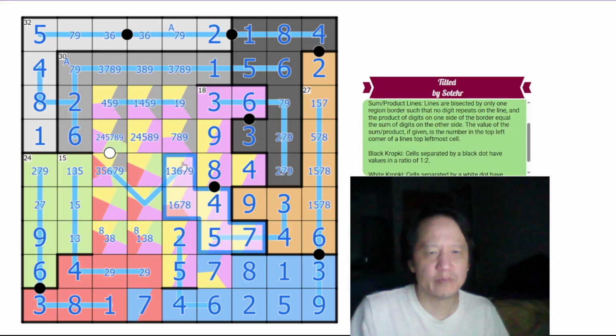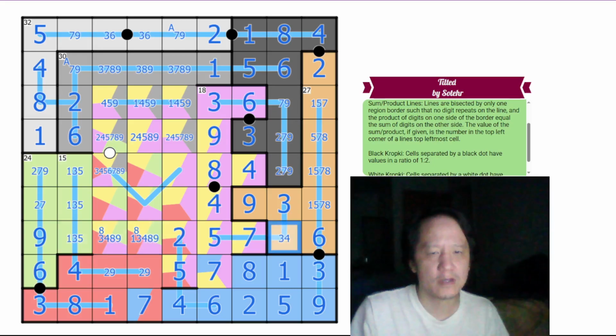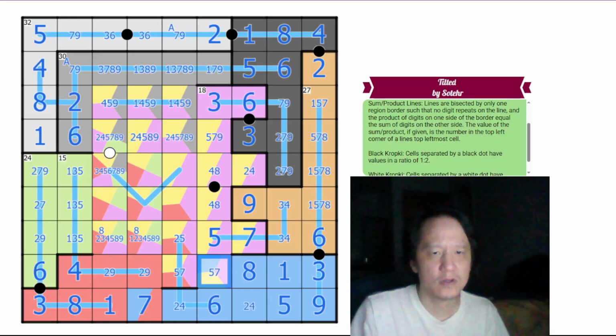The problem, though, is that's 3 regions, which we don't have enough regions there. It's just yellow and pink. So that's going to be a contradiction. So this cannot be a 5 here. This has to be 1. This is 1 and 7. So this can't be 1 here.